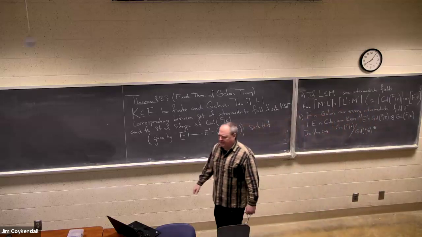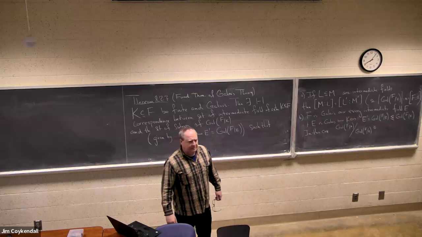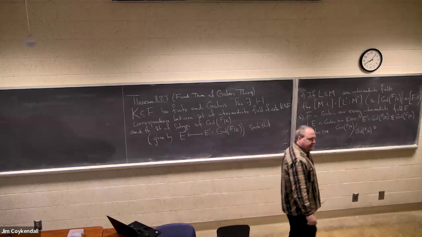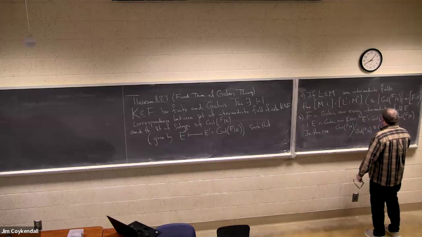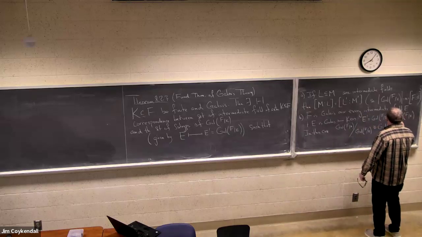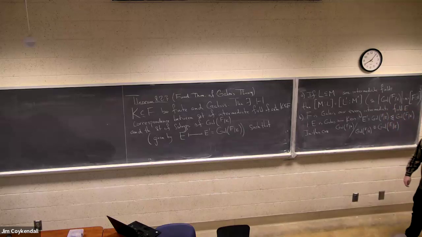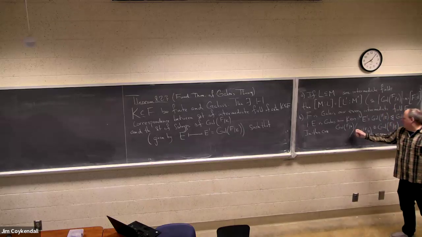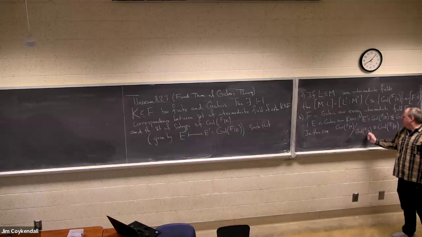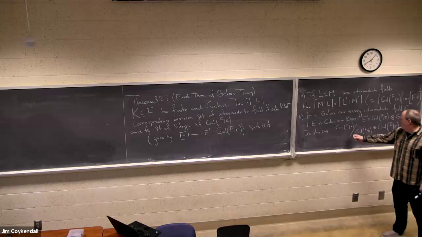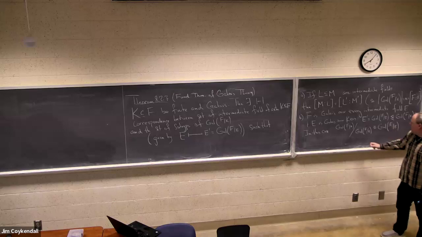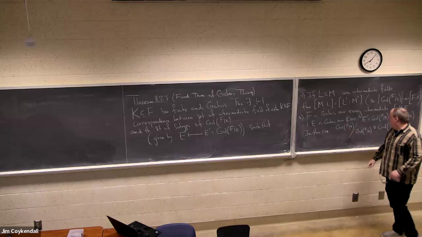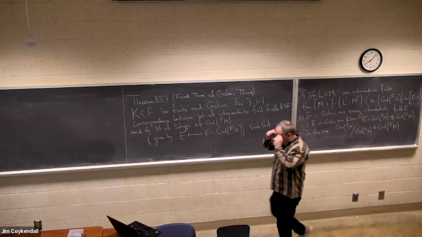Anybody want to guess at this? So when E is intermediate, the Galois group of E over K is isomorphic to the Galois group of F over K modulo E prime.